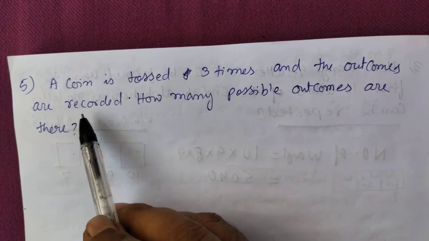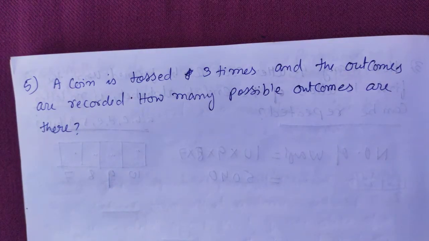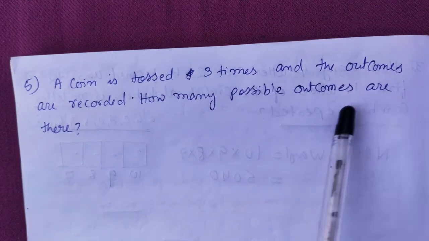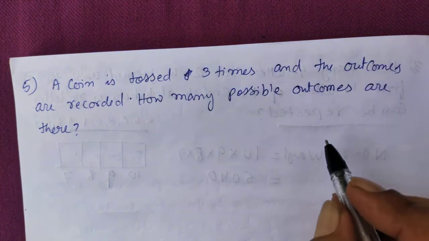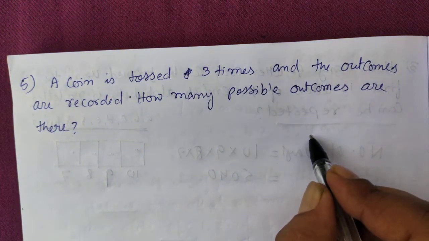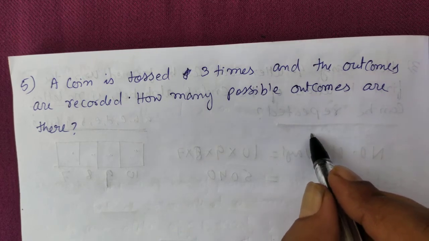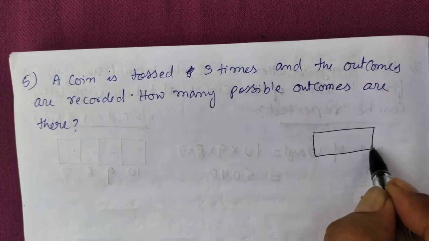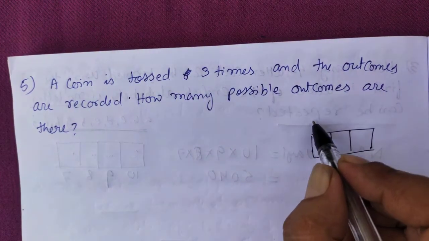Okay, let's do question number 5. A coin is tossed 3 times and the outcomes are recorded. How many possible outcomes are there? So simple. The coin is tossed 3 times, and the options are only head or tail.